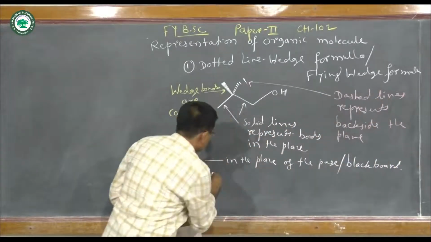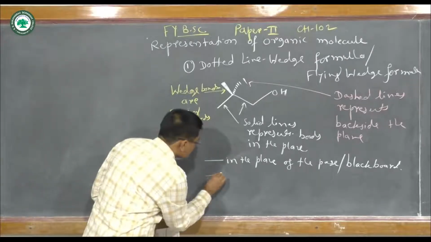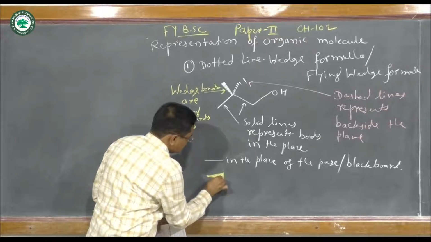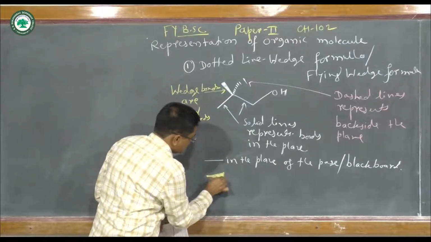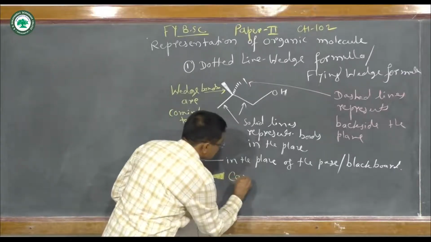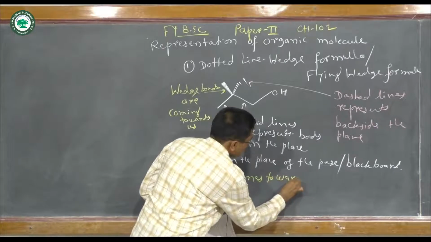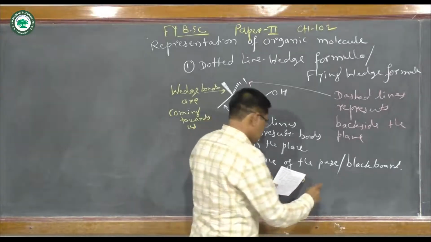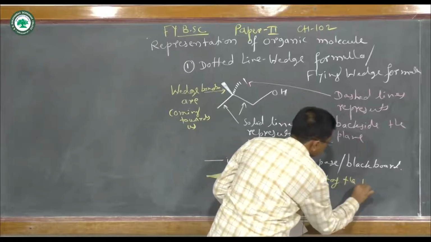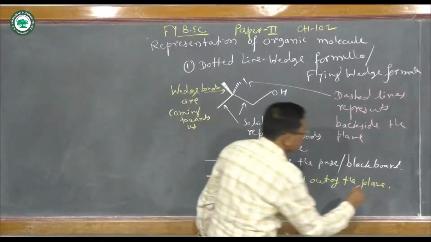A wedge is like a triangle and comes out of the plane, meaning it is in front.